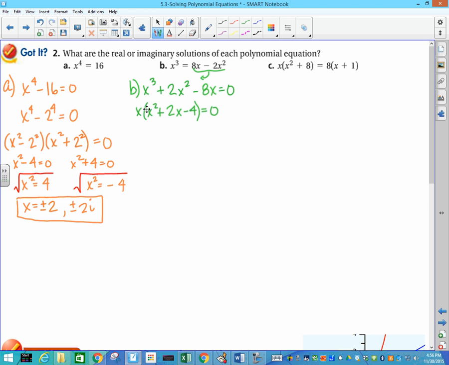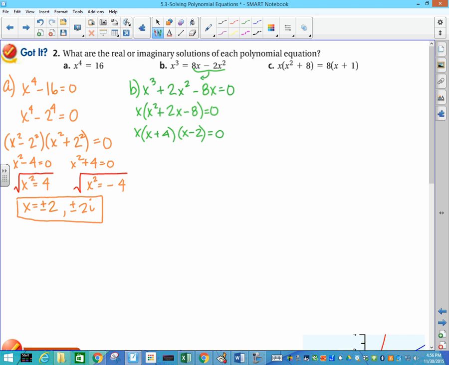And, oh, why did I write 4? Because somebody's distracting me. That's actually minus 8. All I took out was the x. Okay? And so then I'm looking for the factors of 8 that subtract to give me 2. And that's going to be positive 4 and negative 2.